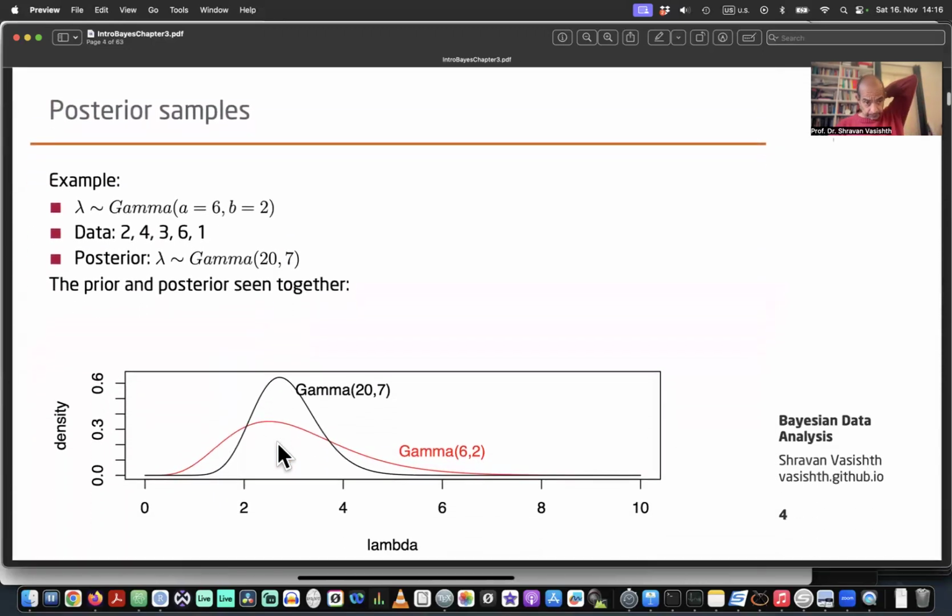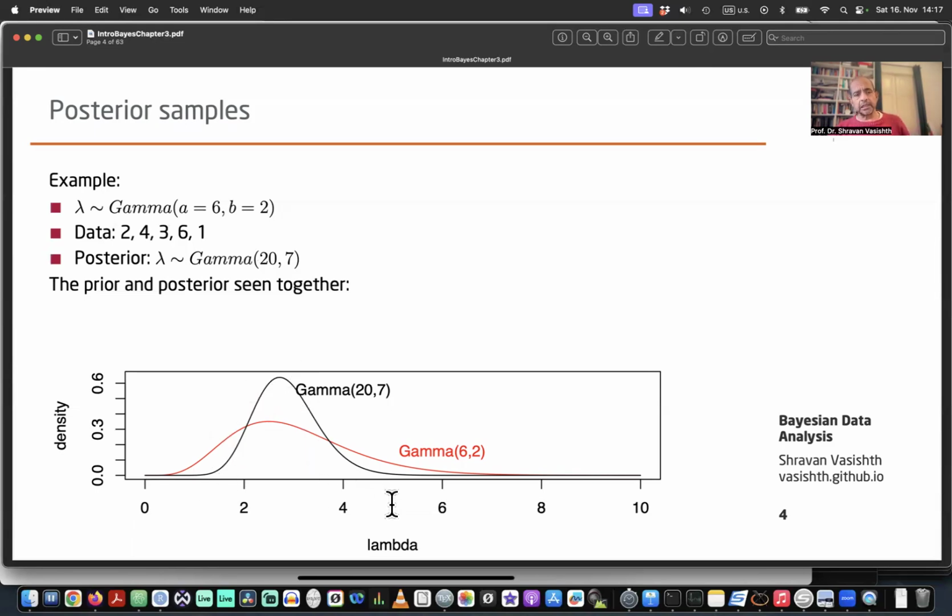That is what allows us, in the example I showed probably in class or in the homework, there was a problem where we had a prior on lambda, we had some data, Poisson distributed, and then we derived the posterior for the lambda parameter in the Poisson distribution. And so in this plot that I'm drawing here, the red line is the prior and the black line is the posterior.